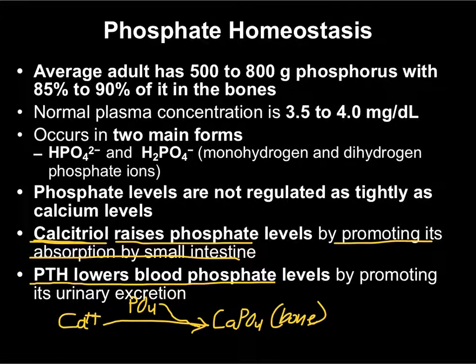You're dissolving bone. And that means that you don't want phosphate around. If you have high phosphate levels around, that calcium that you just released will just want to recrystallize on your bone. So in order to support high blood calcium levels, you got to get rid of that phosphate so that the calcium is stuck in the blood.